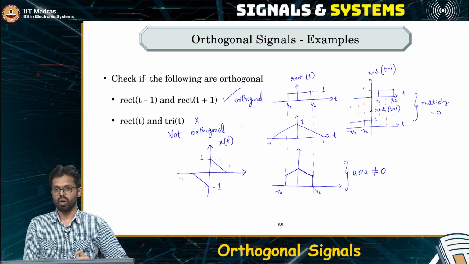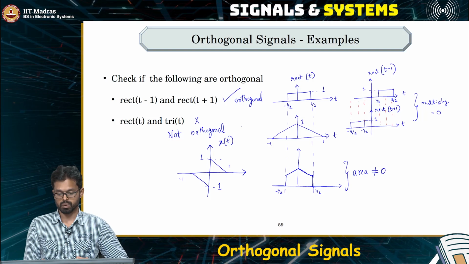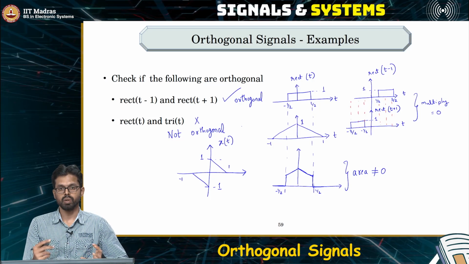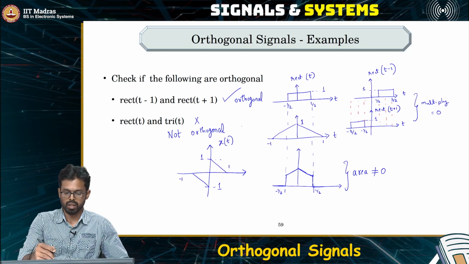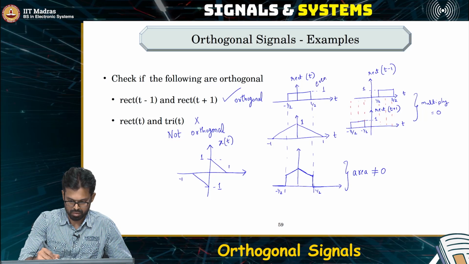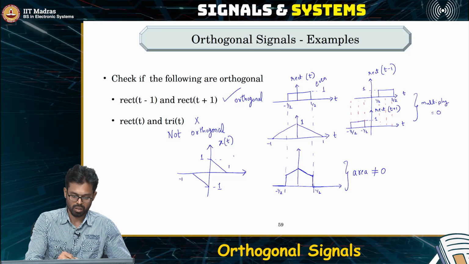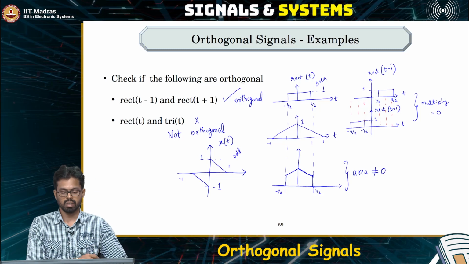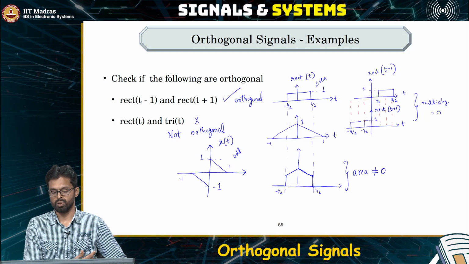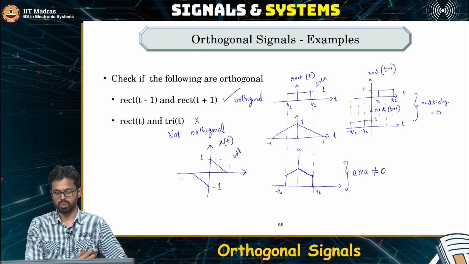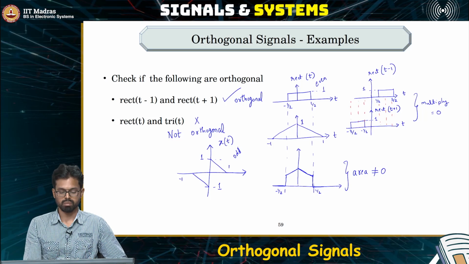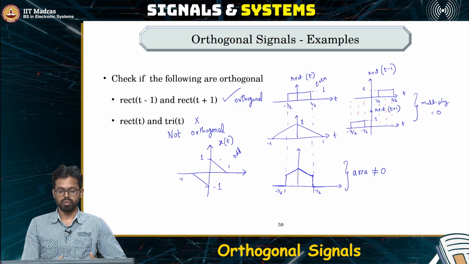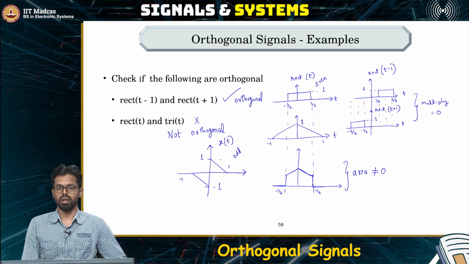Even without drawing the plot, we can say that yes, we'll get an orthogonal signal simply by knowing its property. This is where knowing properties actually help. This is an even signal, right? This is an odd signal. So you multiply an even signal with an odd signal, of course you get an odd signal, so the area under them is going to be 0. Okay, so even without drawing the plot, we can know that it is going to be orthogonal.